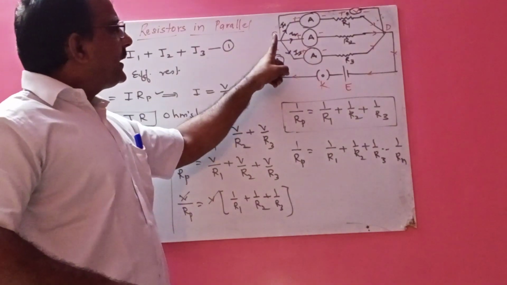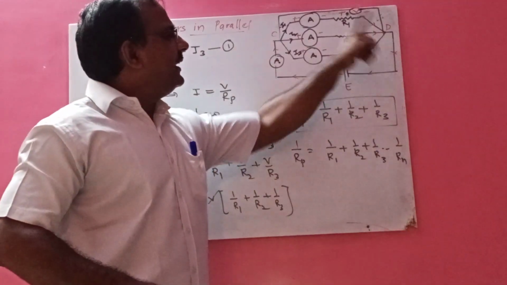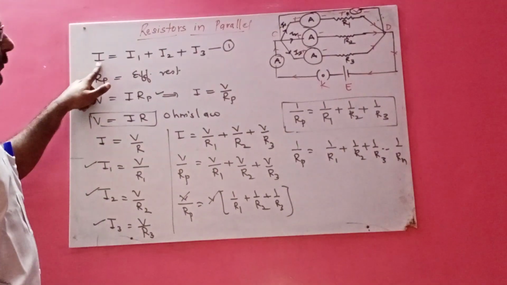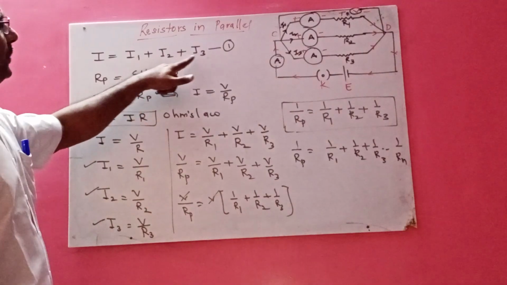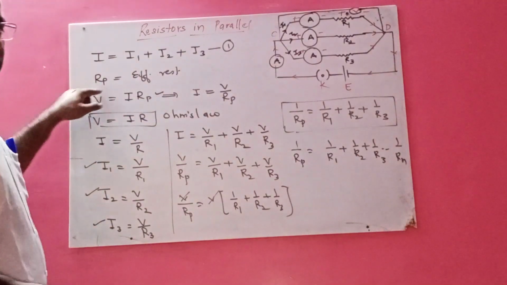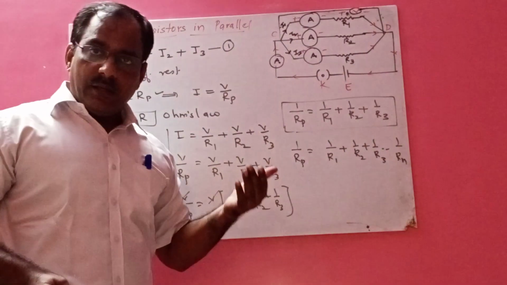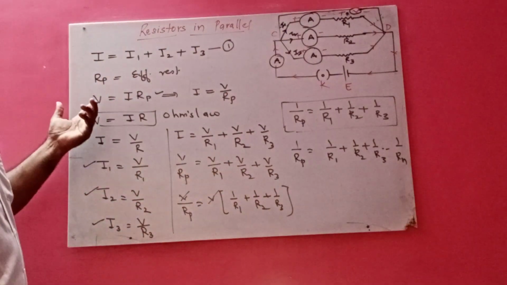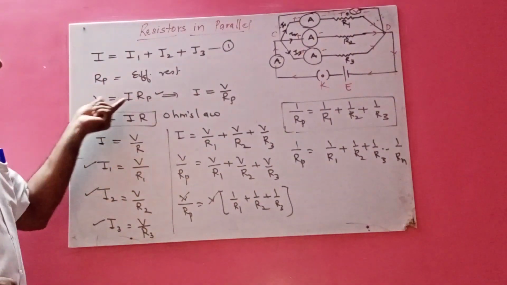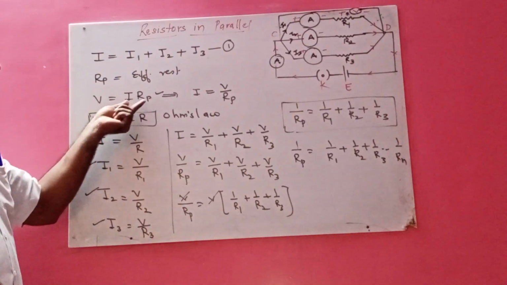So the total current between the terminals C and D is I, which is equal to I1 plus I2 plus I3. Rp is the effective resistance, and to calculate Rp, apply Ohm's law, V equal to I Rp.